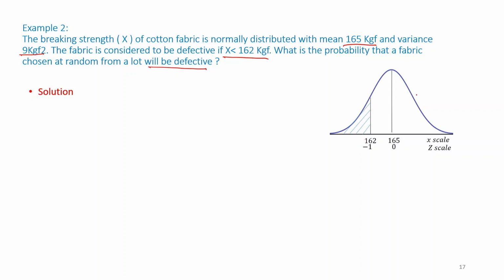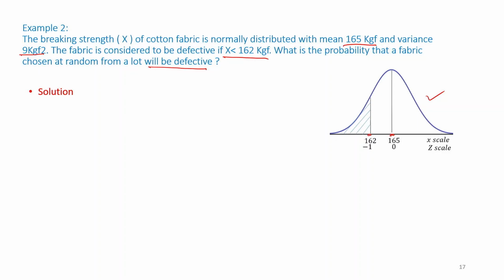So I draw the normal distribution diagram, and here I write the mean value, which is 165. The variance is given as 9, and I take the other value X as 162. So 162 will be on the left hand side.